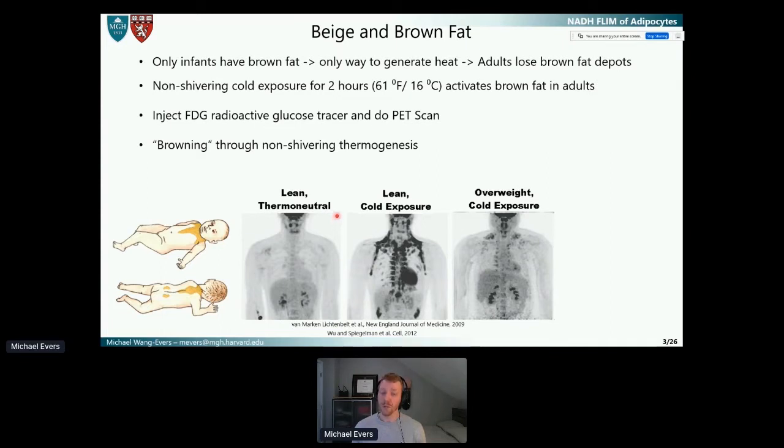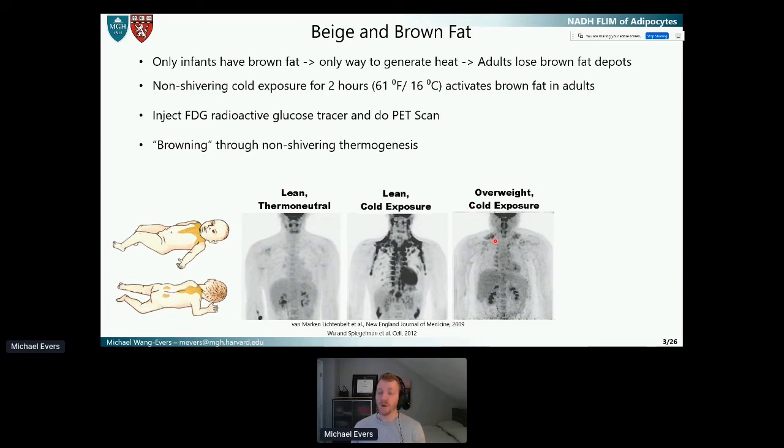However, if you put that same person into a cold room so that it's slightly uncomfortable, but you don't start shivering yet, and then after 2 hours, put that same person into the PET scan again, you can see now all the glucose is being taken up by the cells, and that is because these fat cells are now activated, or as they call it, we have that browning effect through non-shivering thermogenesis.